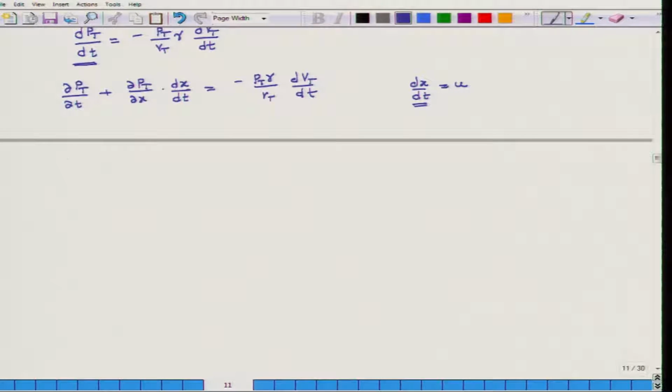So, I can write it as the partial of pressure with respect to time plus the partial of pressure with respect to x times u equals minus Pt gamma over Vt dVt over dt.